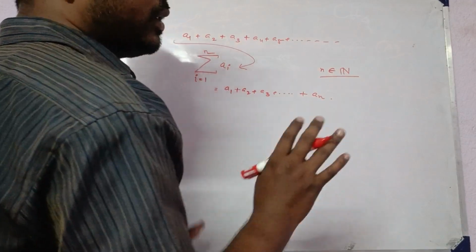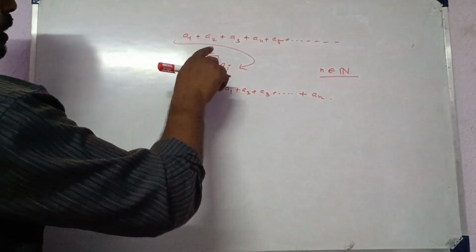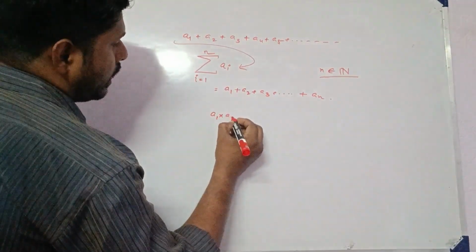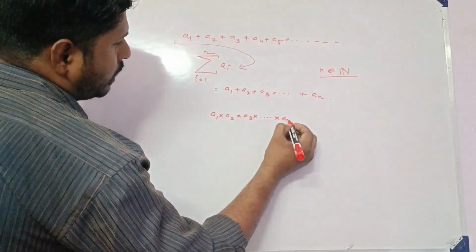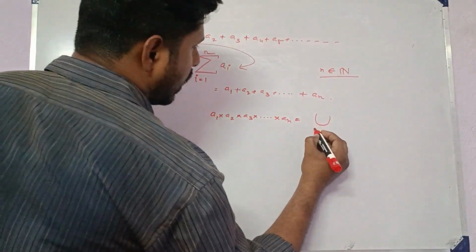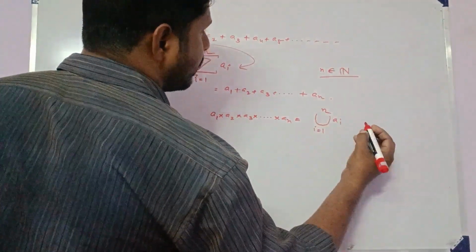It is a sequence; I am not saying AP or GP now, it is a notation. If you have a notation like a1 into a2 into a3 into dot dot dot into an, you will give a product sign, i runs from 1 to n, a_i.